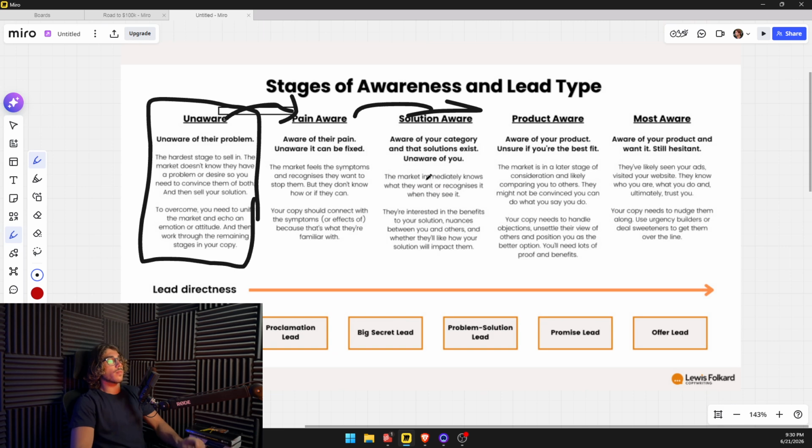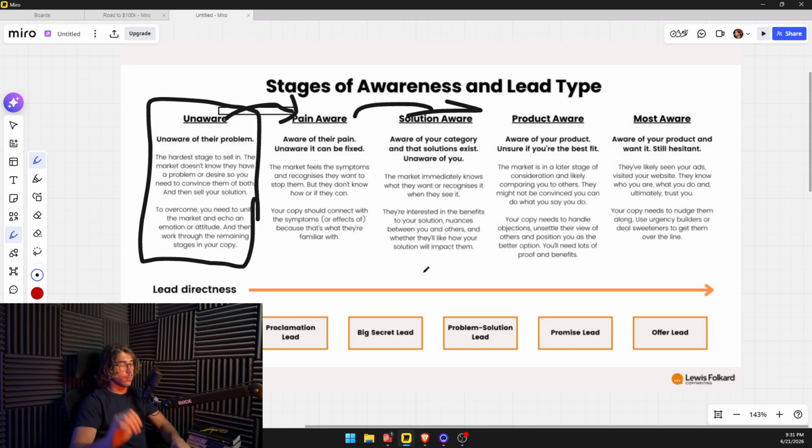So if your market is in a solution aware state, let's say you have a lot of people that are typically solution aware, asking what is the best way to XYZ, then problem solution leads would probably work very well. It would be stuff like, oh, do you want to get more dates? Or, I don't know, let me think of an example. What's the best way to brush your teeth?